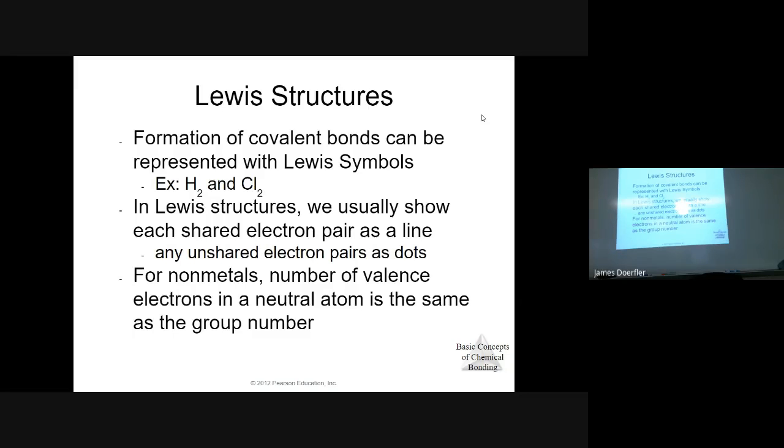However, in our Lewis structures and in what we will eventually see as two-dimensional line bonds in molecules, anytime we have a sharing of electrons, we finalize our Lewis structure by replacing those two dots with a line.